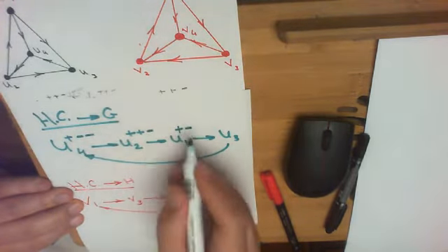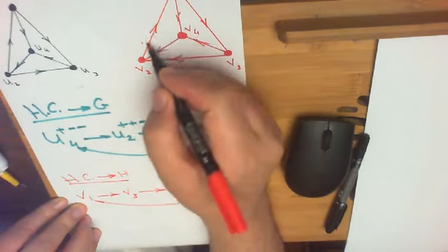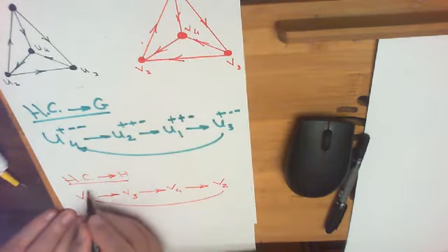1 in, 2 out. 1 in, 2 out. What about U3? 2 in, 1 out. Okay. Now, for V1 in graph H, as you see, V1, 1 in, 2 out.